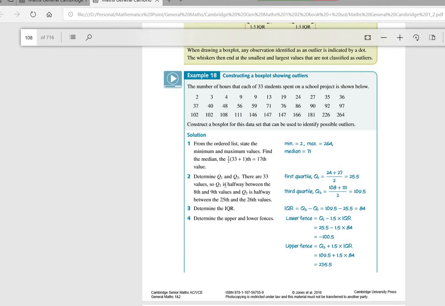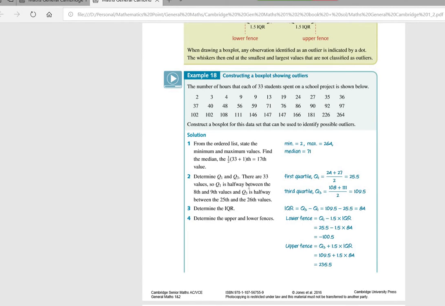Since, just to reiterate, there are 33 students, we need to do n plus 1 over 2, so that is the 17th value. The 17th value is 71, and hence the median is 71. Then you find your first quartile and your third quartile.